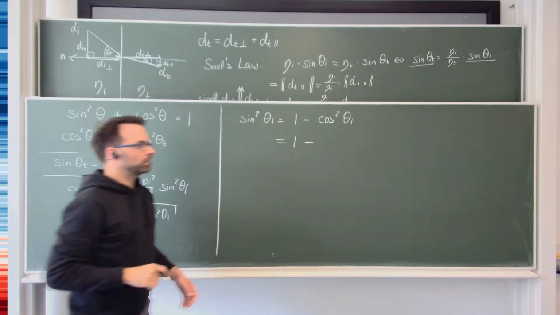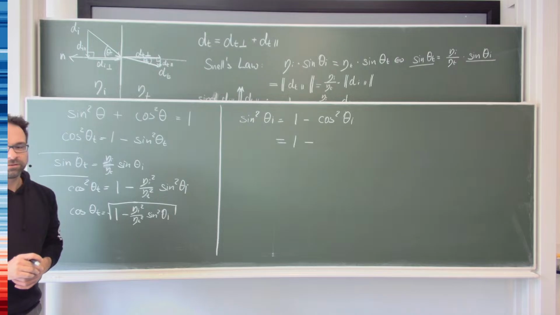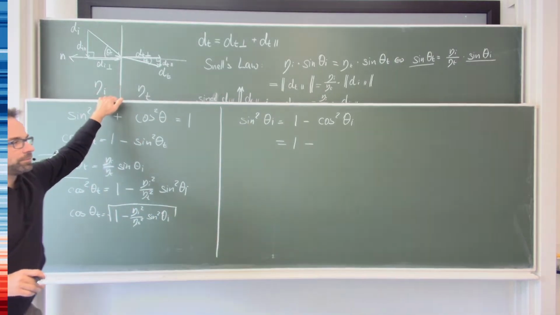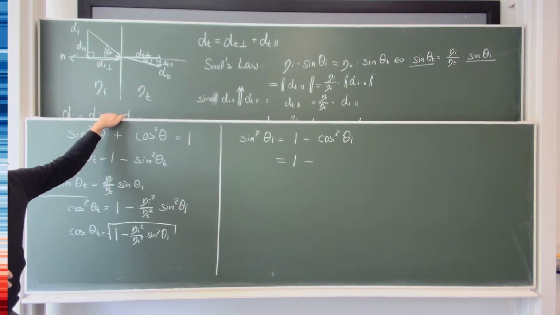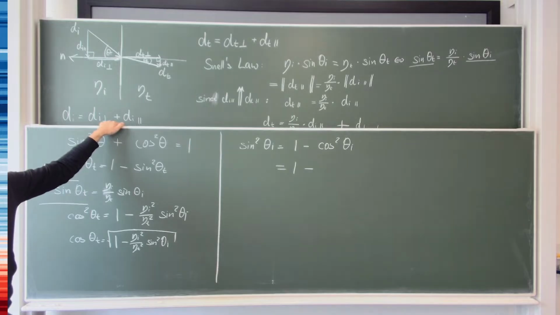What do we know about the cosine of theta I? Remember, the length of di is 1.